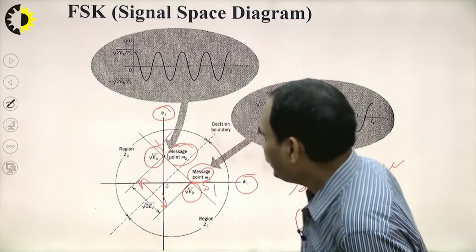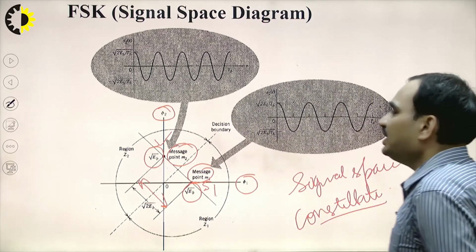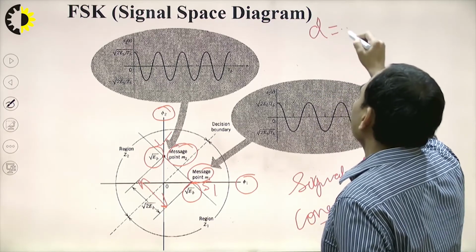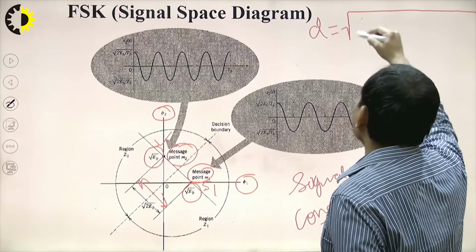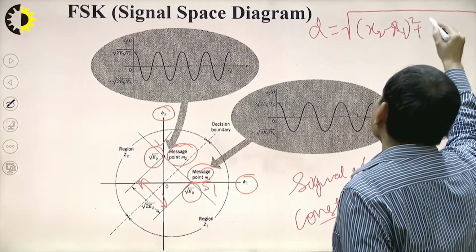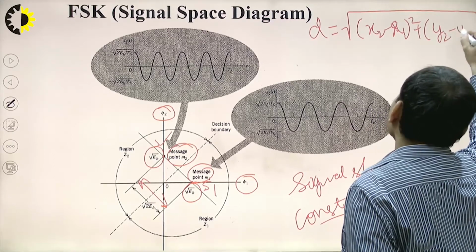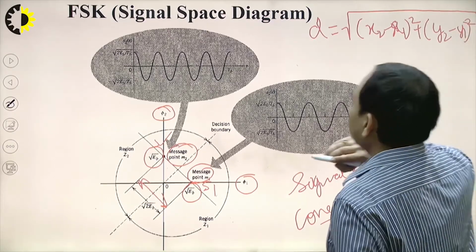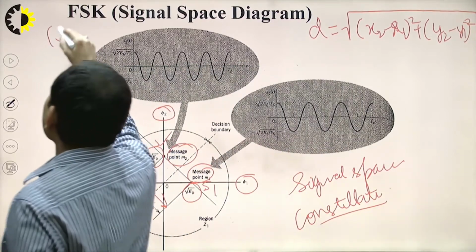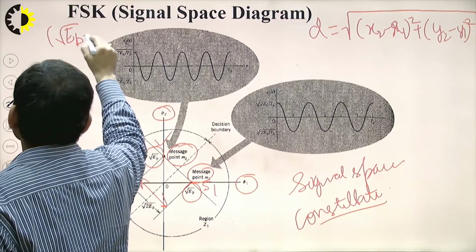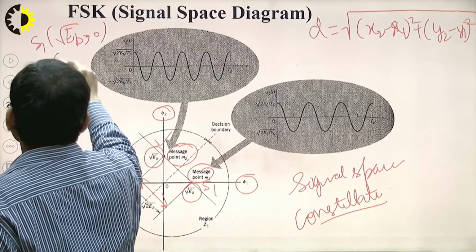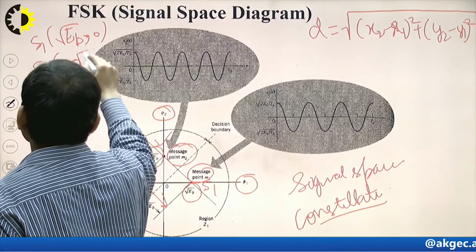The distance between these two points is root 2 Eb according to the distance formula, because distance can be calculated as under root of x2 minus x1 whole square plus y2 minus y1 whole square. Here the coordinates of S1 are root Eb comma 0, and S2 are 0 comma root Eb.